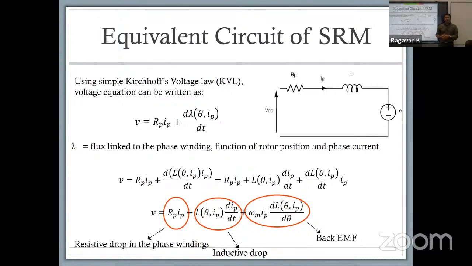If you go back to the equation for a DC machine, does anybody here remember the equation for back EMF of a DC machine? K times IF times omega, right? And your DC machine torque equation was K times IF times IA, right?